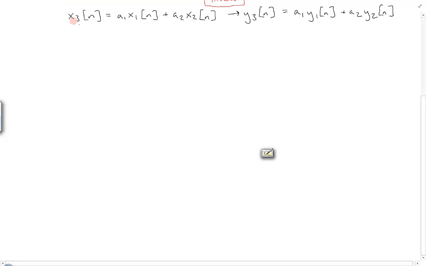Let's explore what this means with a pictorial example.